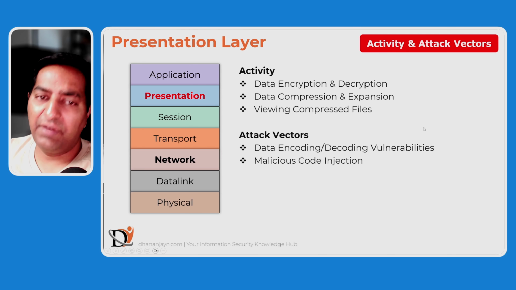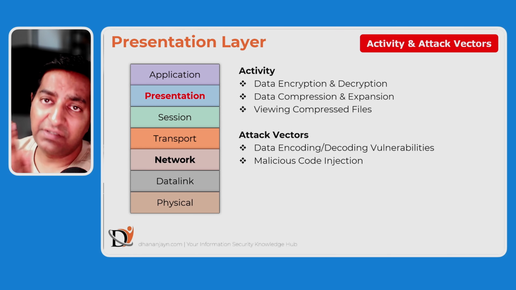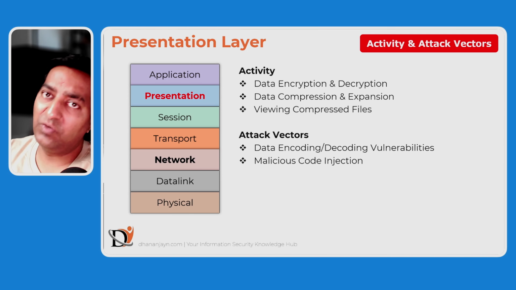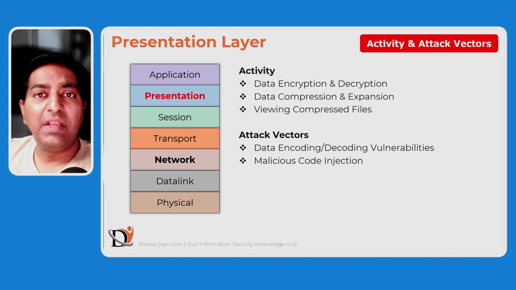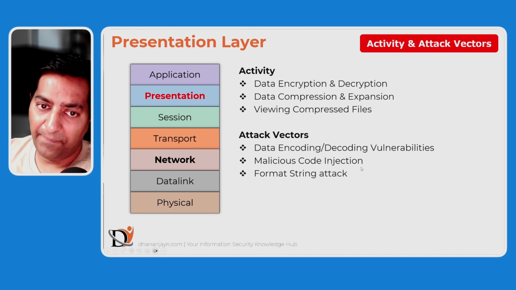Some of the attack vectors: for now you just need to understand that data encoding and decoding mechanisms have certain known vulnerabilities, and standard encoding mechanisms need to be used. If your website is not updated from time to time with a proper encryption mechanism, somebody may exploit these vulnerabilities to hack the data.